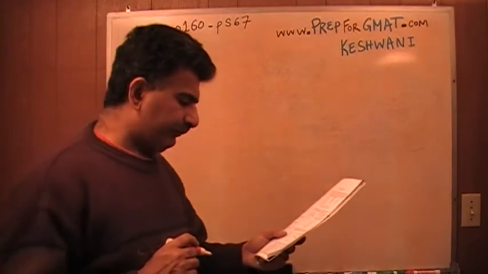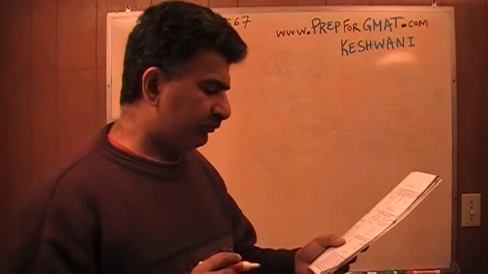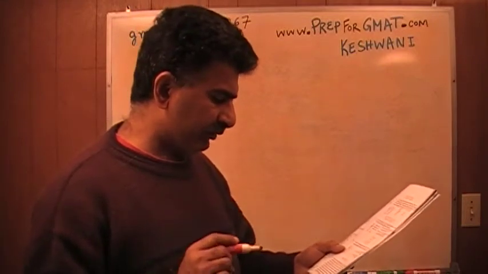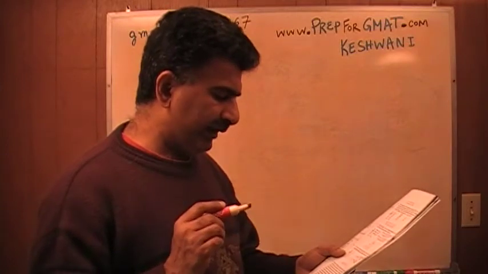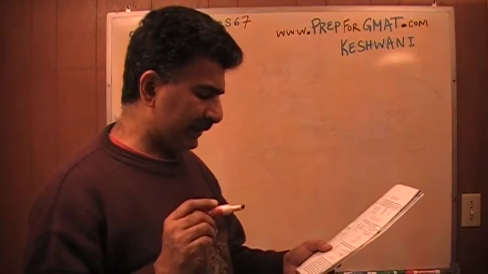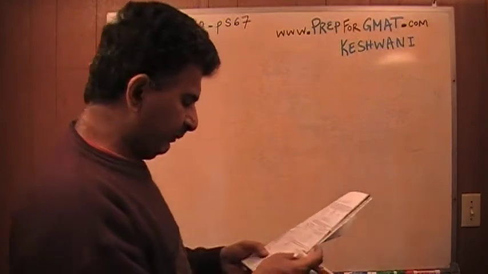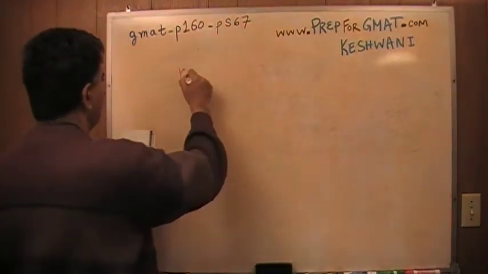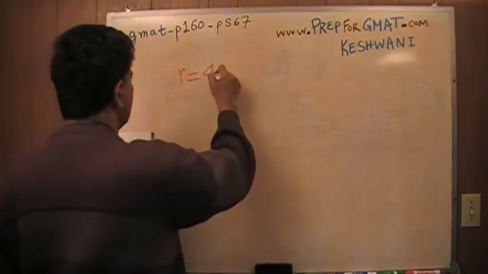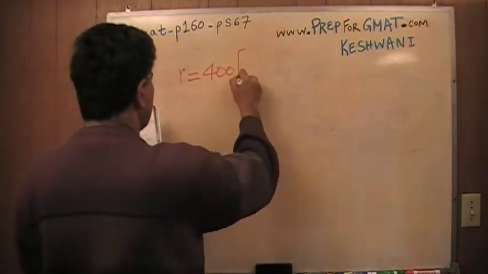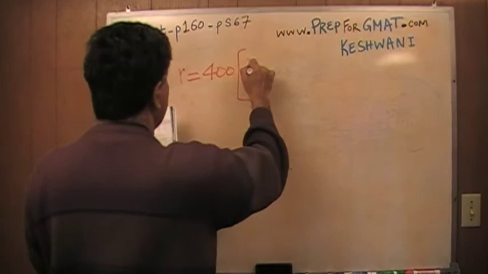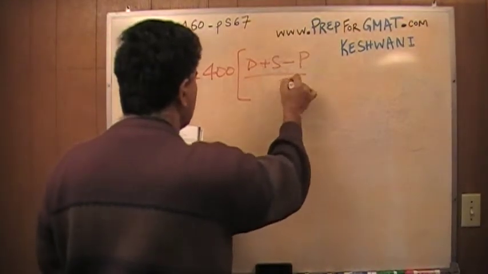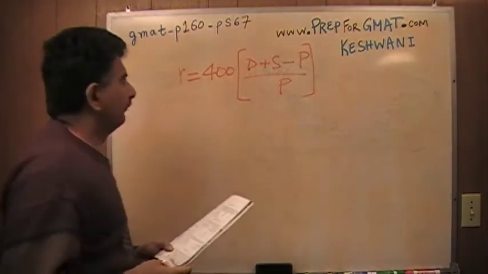If the stock is sold 3 months after it is purchased, the formula above relates P, D, S, and R, where P is the purchase price. Let's put down the formula first. Here's your R. So there's your formula.